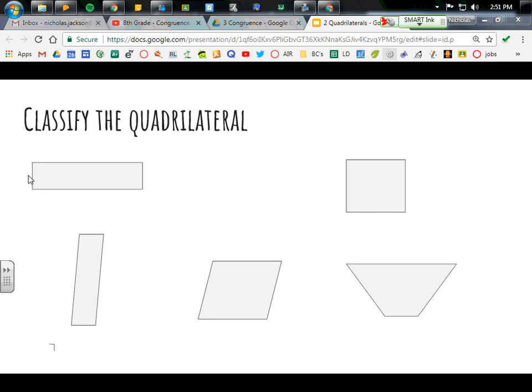It has this side congruent to this side and this side congruent to this side, and it has four 90-degree angles, making it a rectangle.